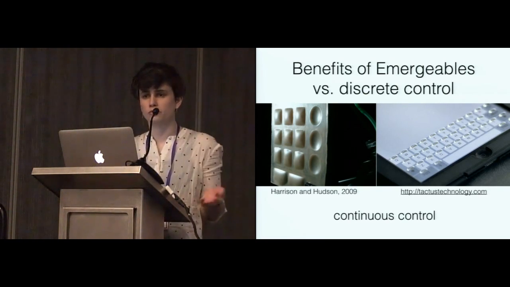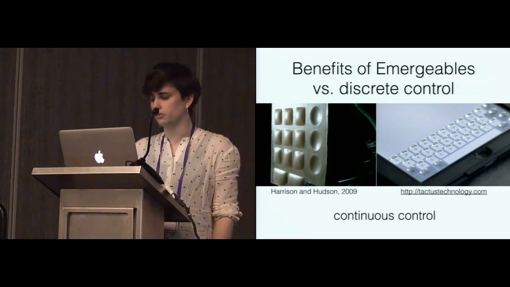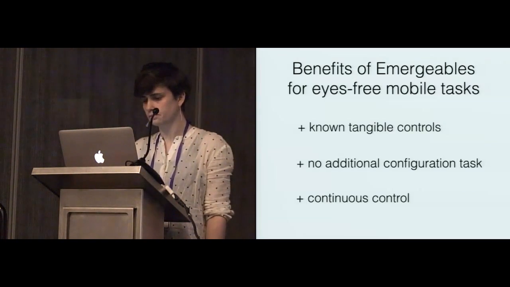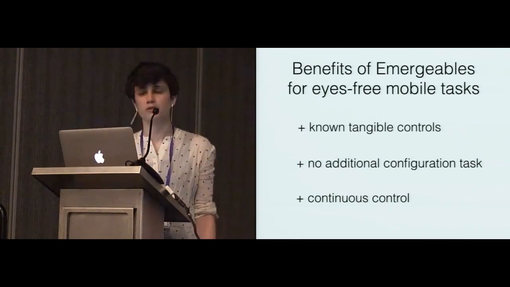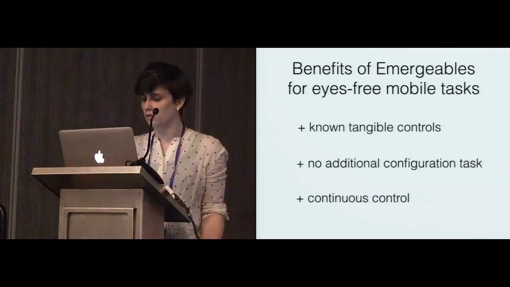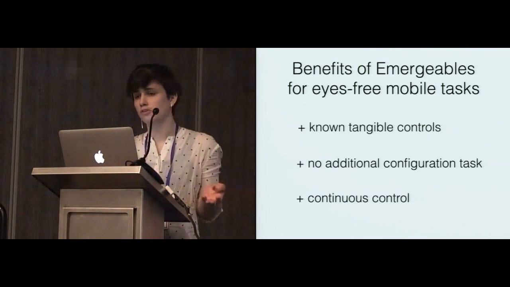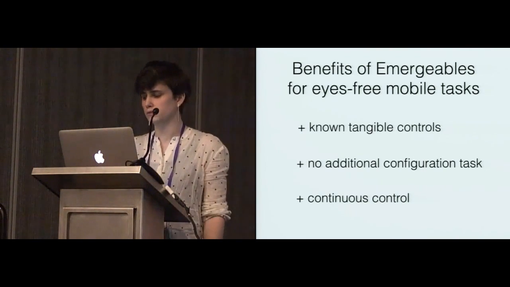For example, if you want to control the light, the sound, color, position, things like this. So in short, the benefits we envision for emergeables for eyes-free mobile tasks are the ability to use known tangible controls, no additional configuration for the device, and also continuous controls.